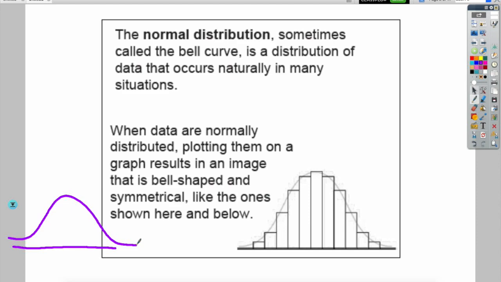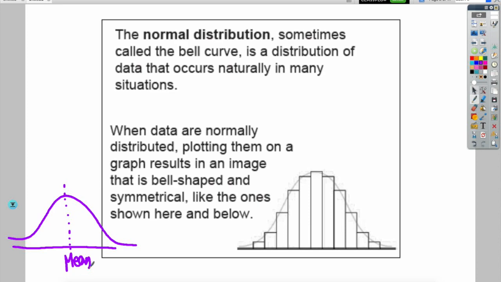Okay, and it's always centered straight through the mean of the data. Okay, so the mean of the data is always in the middle of your bell curve, of a normal distribution bell curve. Let me be specific.